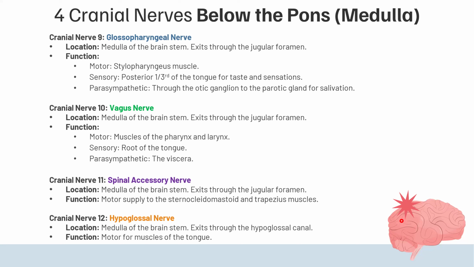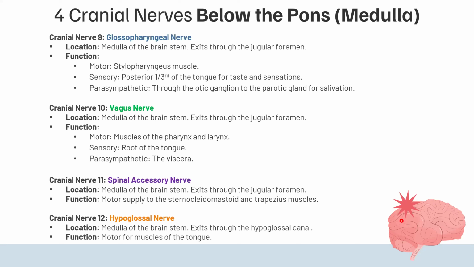And then it's going to dip down and continue to all the viscera. So it's going to go to the CVS, it's going to go to your GIT, it's going to go everywhere. And it's going to give the parasympathetic supply. So it does not give parasympathetic to the head and neck. However, it gives all the parasympathetic supply to the viscera.